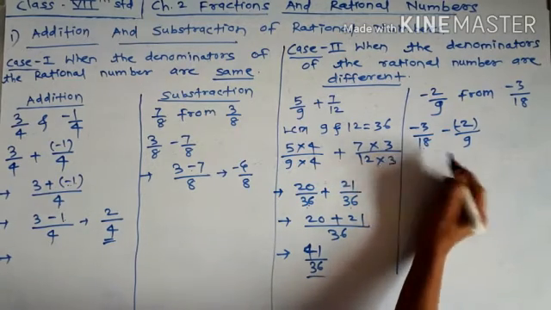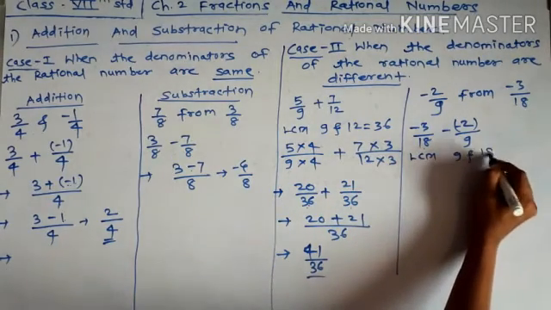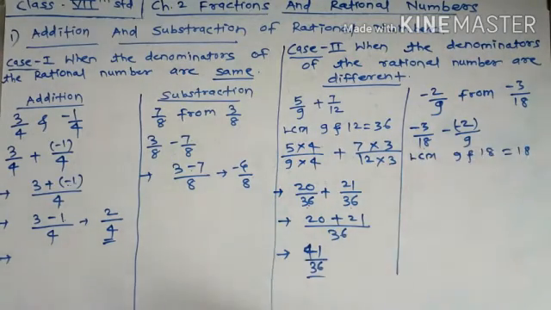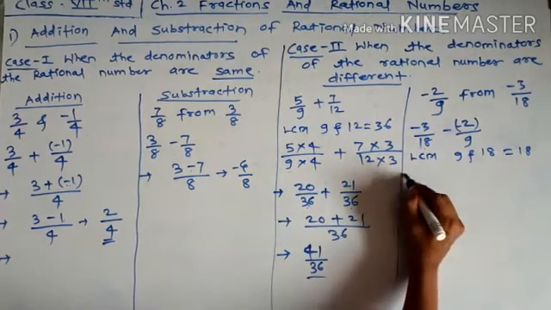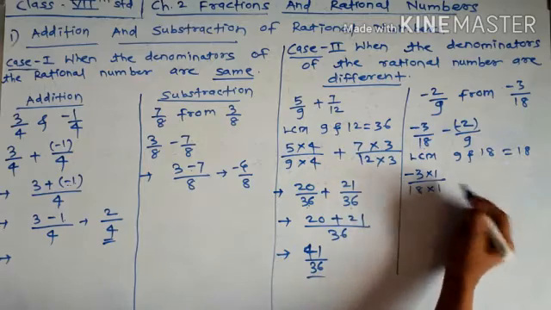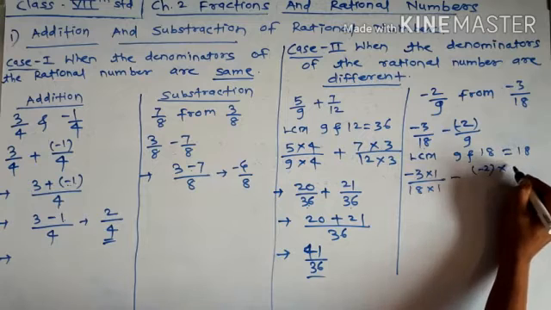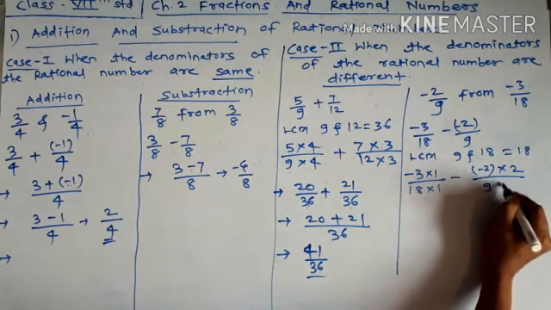So first we find their LCM, and here the LCM of 9 and 18 is equal to 18. So now we multiply these two rational numbers by a number such that we get their denominators equal. That means here minus 2 into 2 and 9 into 2.